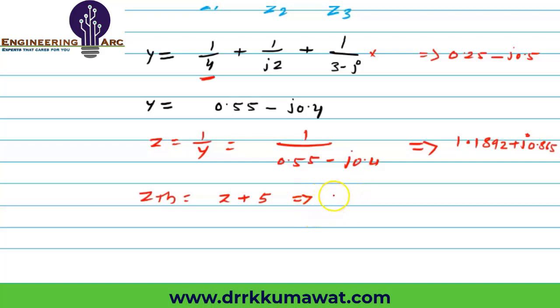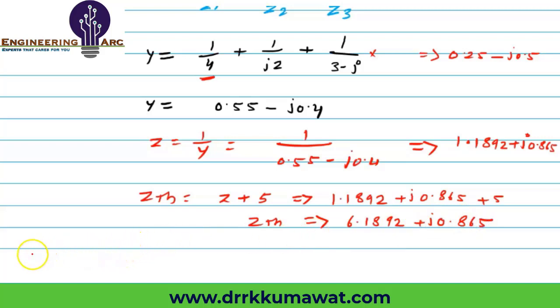So 1.1892 plus j0.865 plus 5. This ZTH has the value 6.1892 plus j0.865.